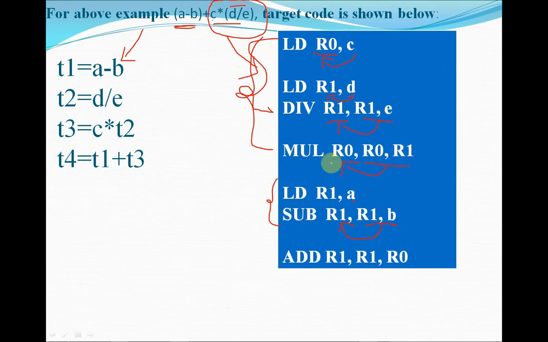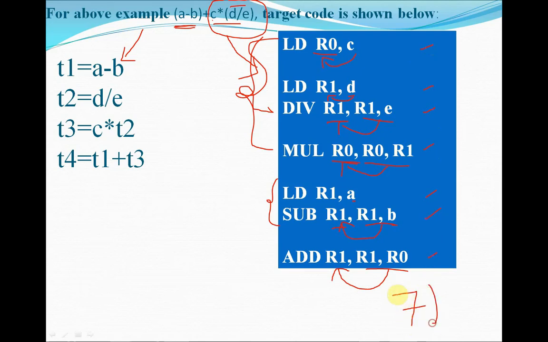The earlier c into d by e result is in r0 and the a minus b result is in r1. So add these two, r1 and r0, and store the result into r1. Up to this, how many instructions we have used: 1, 2, 3, 4, 5, 6, 7. So the cost is 7.